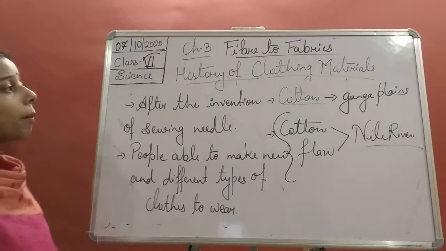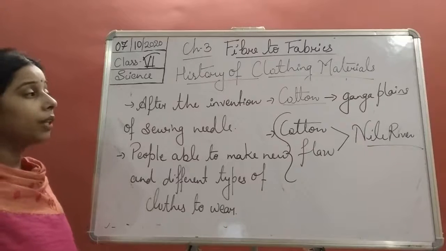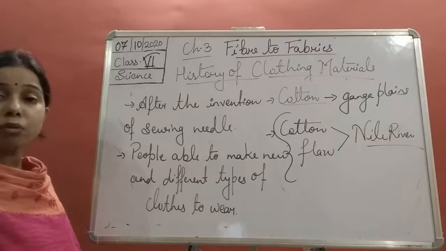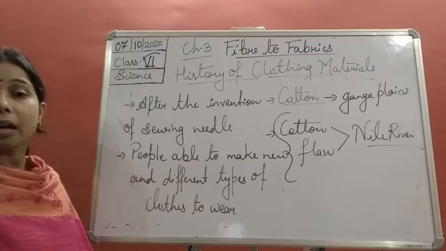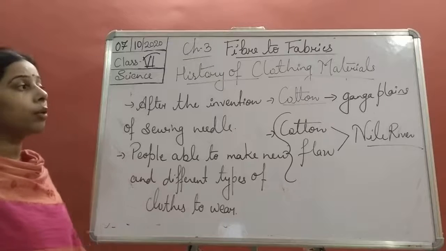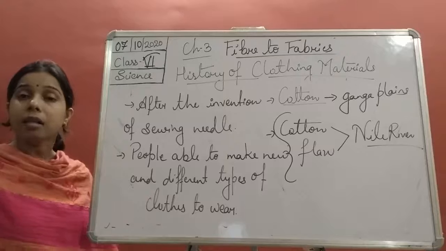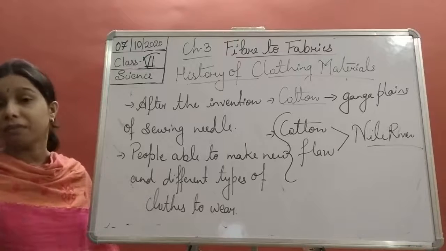So this is all about the history of clothing material, students, that how they understood the importance of the fiber, how they started cultivating these fibers near the water bodies, how they used this fiber and converted it into yarn and yarn into fabrics.